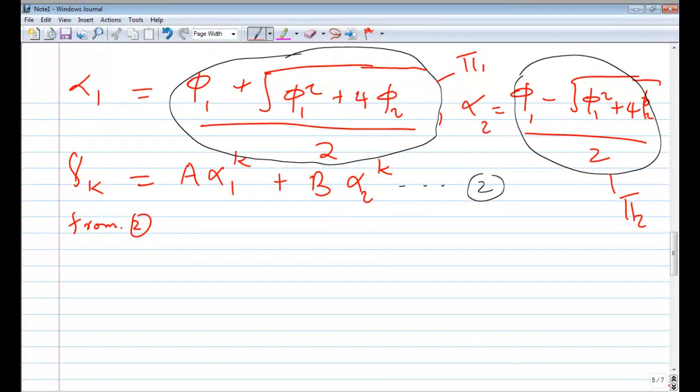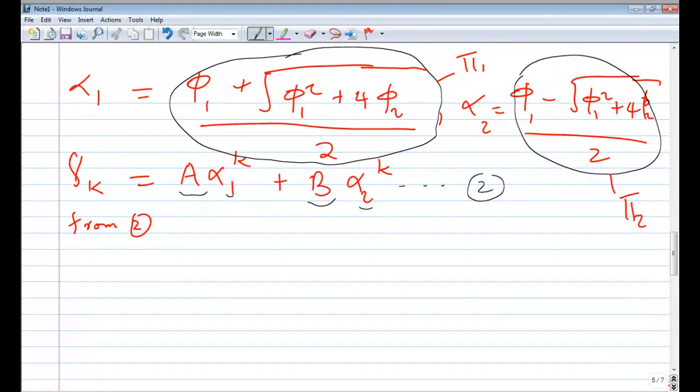So now, our main focus is to find the unknown values of A and B. We have already calculated alpha 1 and alpha 2.